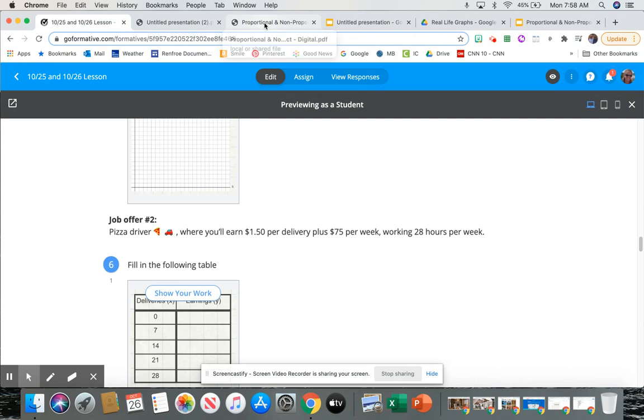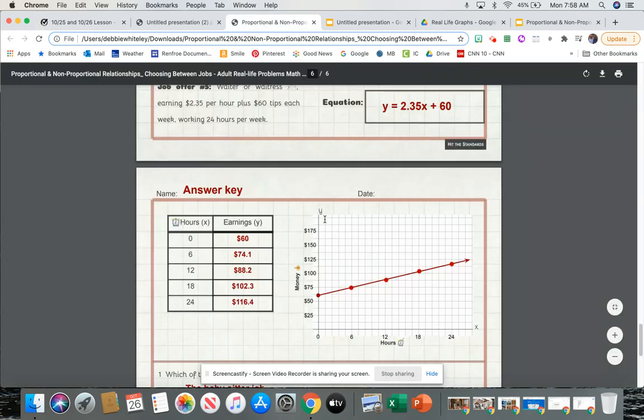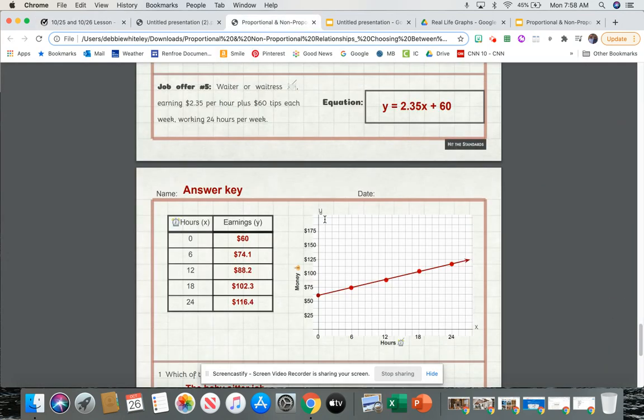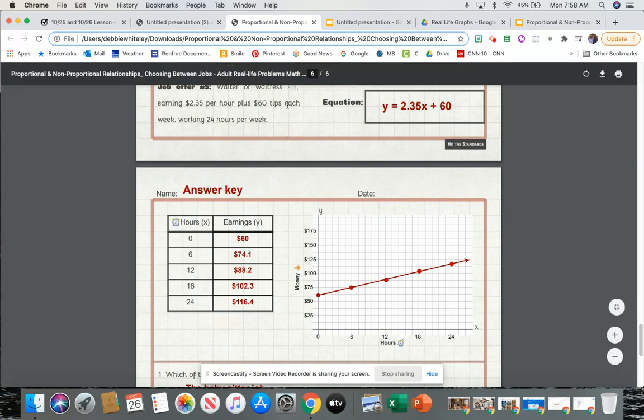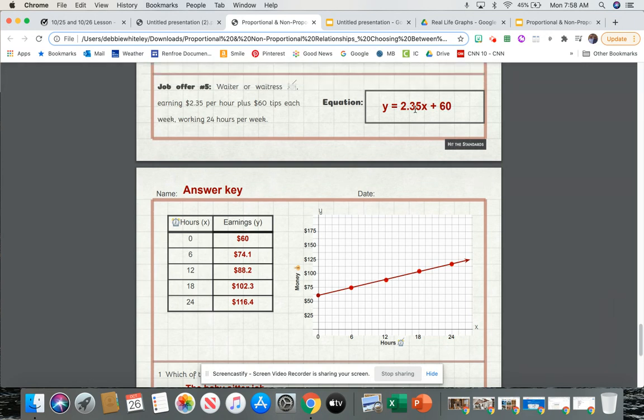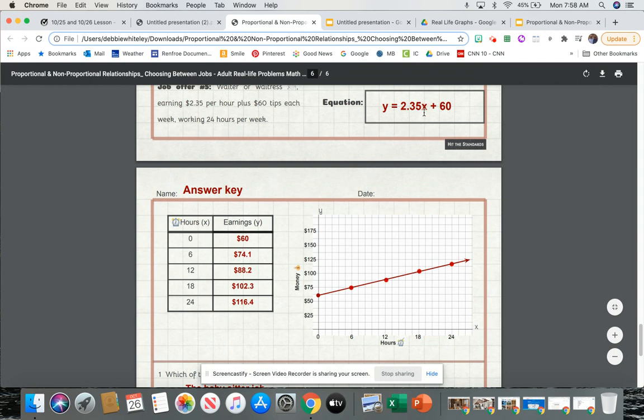An example of one of them looks like this. If you were a waiter or waitress earning $2.35 per hour plus $60 in tips, so you will always add the $60 in tips to your earnings. So the $60 needs to be in the equation. But what is happening to X to get to Y?